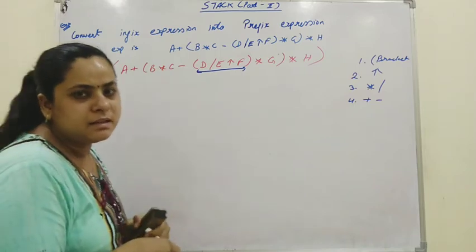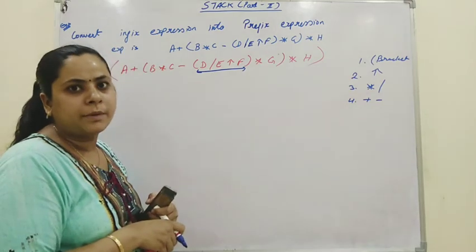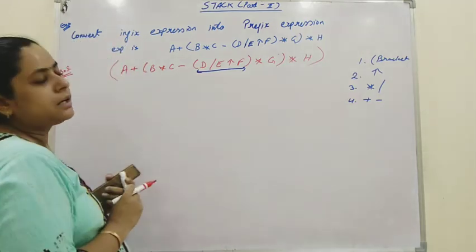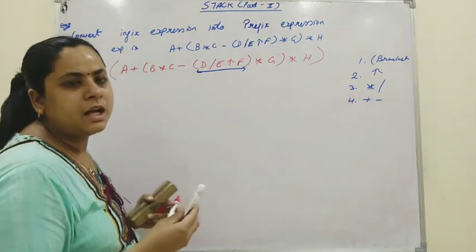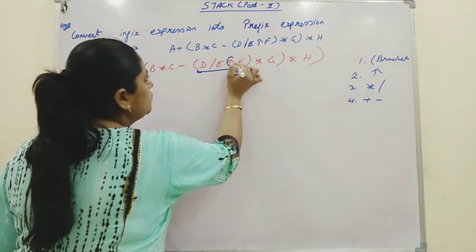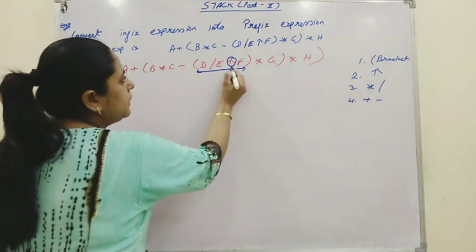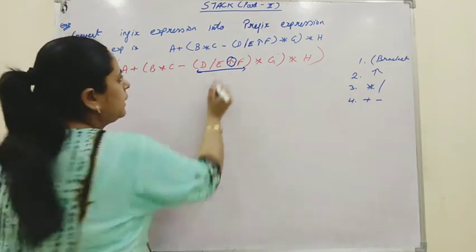Prefix means placing the operators before the operands using this precedence order. So, in this bracket, which operator is having highest precedence? This operator is having higher precedence, and this operator is working on which two operands?